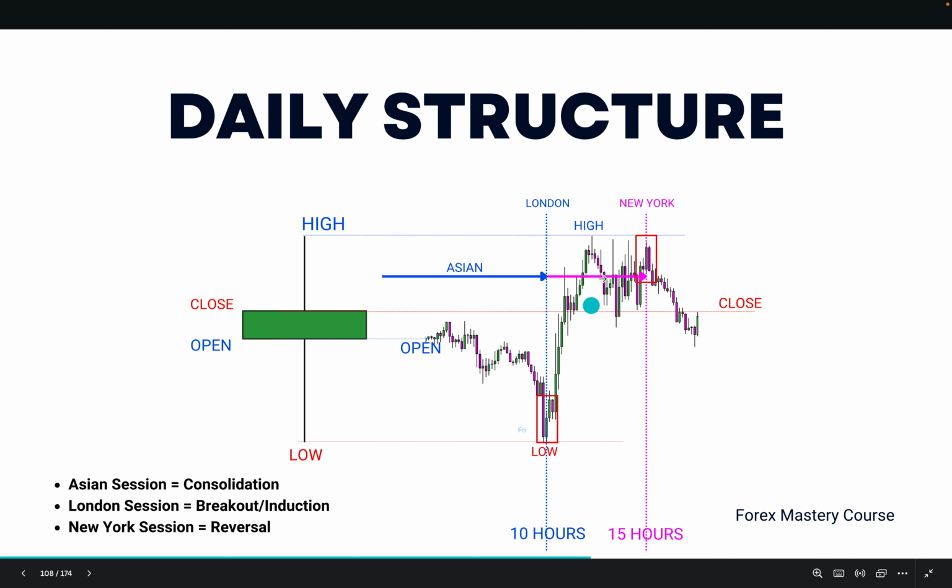It is a reversal. So we have the reversal off of the high of London session, and then we close the day right here. So once again, Asian session consolidation, breakout to the low, move to the high, a little bit of consolidation into London session, and then breakout, reversal, New York session.